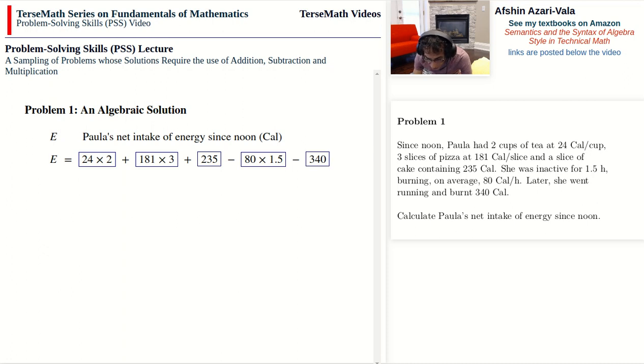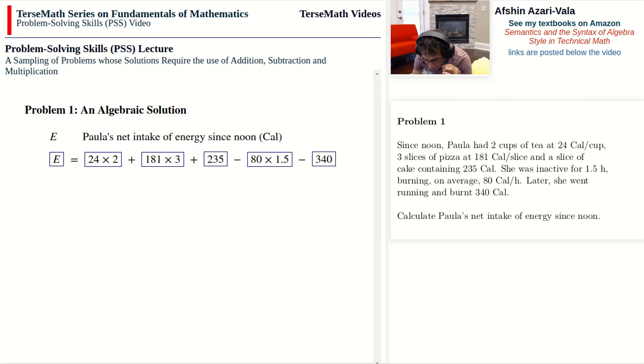On the left side, by the way, we also have a term. E on its own is a term. So on the left side of the equation we have 1 term, and then on the right side we have 1, 2, 3, 4, 5 terms.